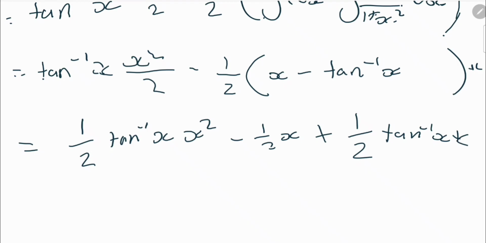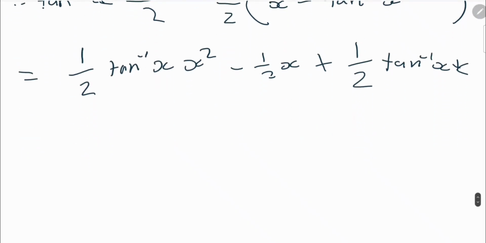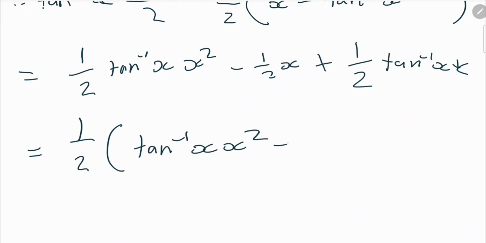Don't forget the constant. So now we can actually factor out the 1 over 2. 1 over 2 arctan x squared minus x plus tan to the negative 1 x plus c.